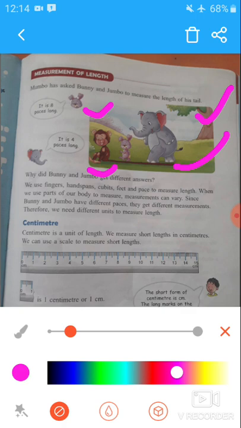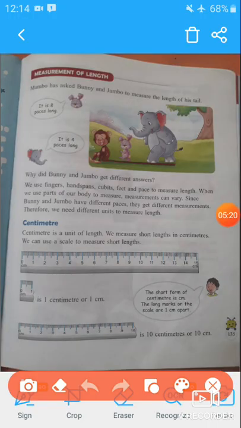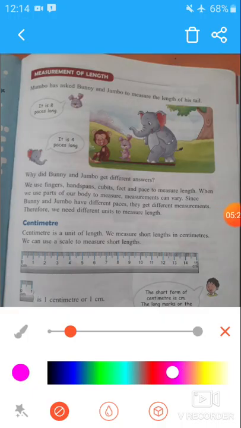So students, here the question arises: why did Bunny and Jumbo get different answers? Do you know? In your previous class, you studied the word pace.